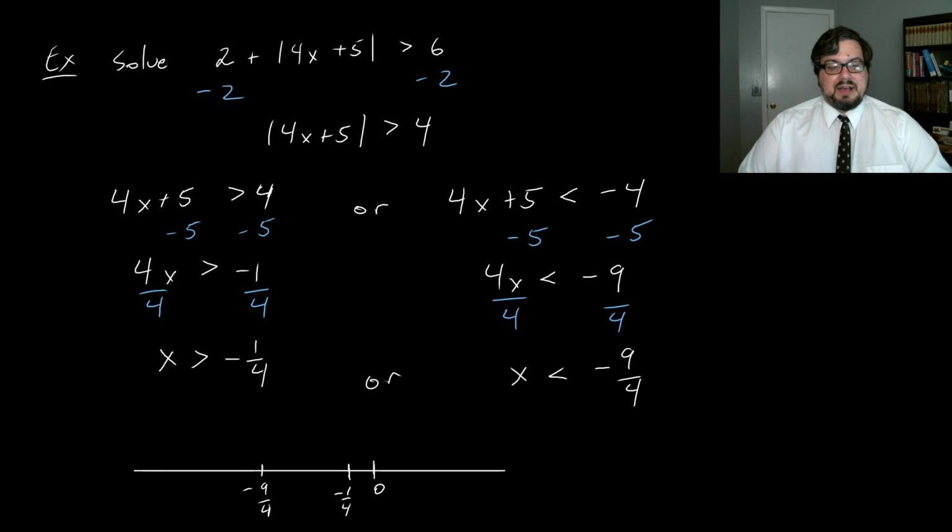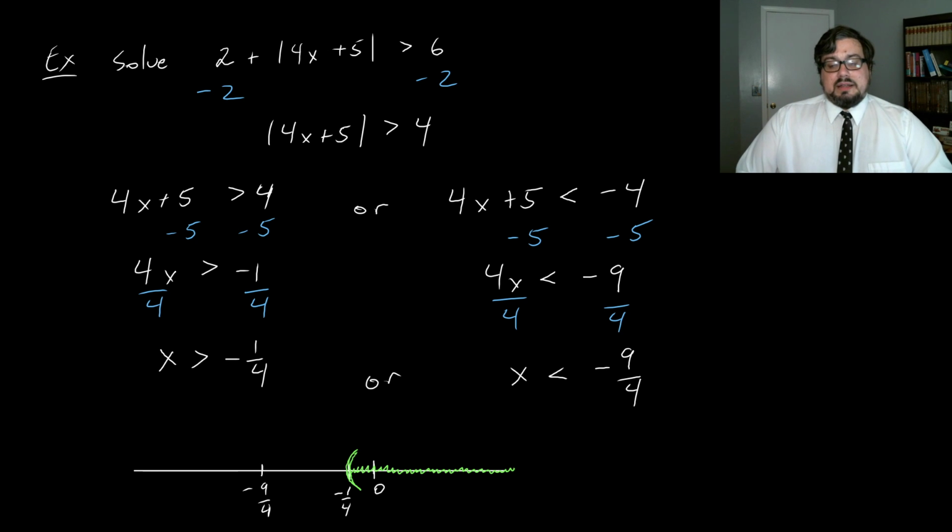So first we have the inequality x is greater than negative 1/4. So that's going to be all the numbers greater than negative 1/4, and with a parenthesis boundary on it because we don't actually include negative 1/4 in our answer, because we need x to be strictly greater than it.